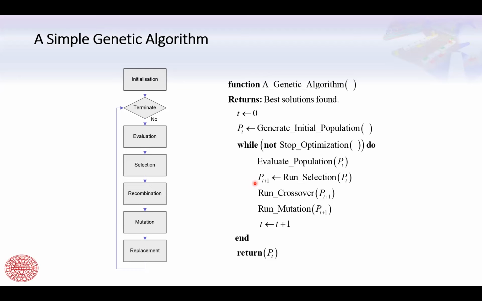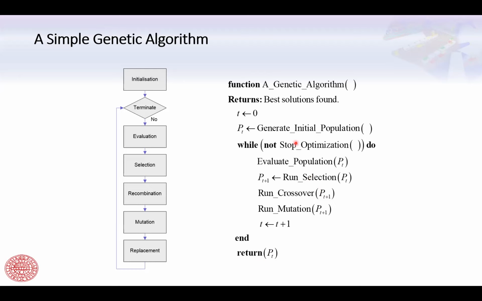And then you prepare your next generation, P(t+1). But before you reloop, you run the crossover and mutation before you can say that now you work on the next generation. So that's why the steps here, evaluating the fitness value, making the selection, doing the crossover and mutation, are the flow of a genetic algorithm.